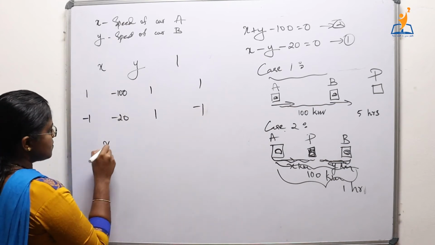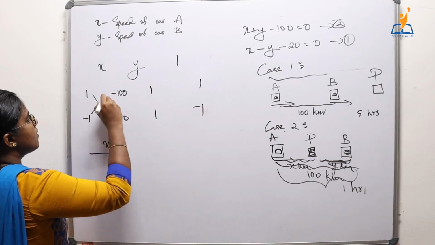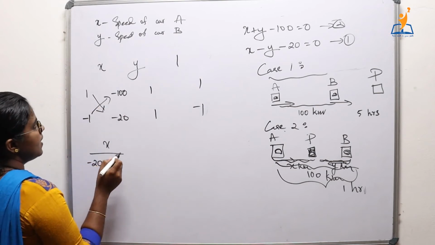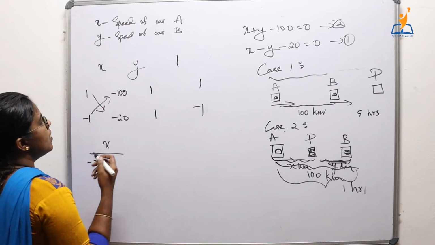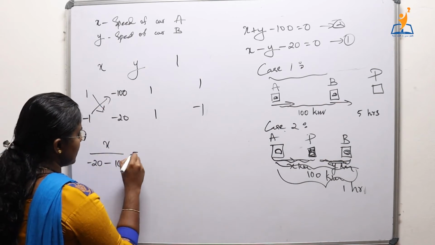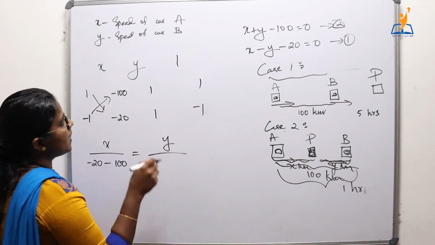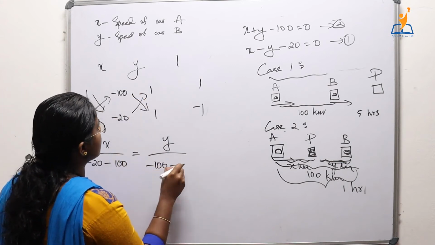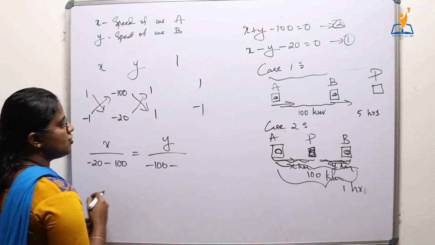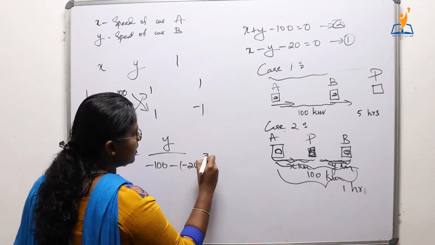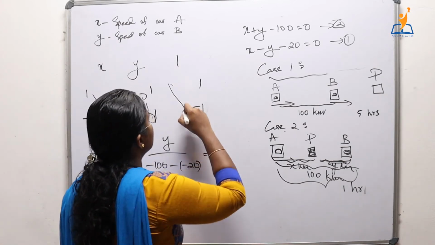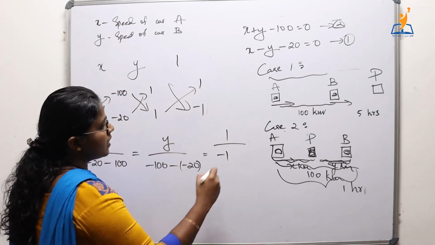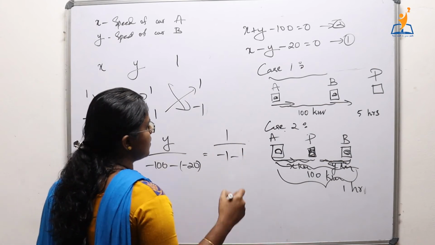So cross multiplying we will get x by 1 into minus 20 is minus 20, minus 1 into minus 100 is 100, is equal to y by minus 100 into 1 is minus 100, minus 20 into 1 is minus 20, which is equal to 1 by 1 into minus 1 is minus 1, minus 1 into 1 is 1.